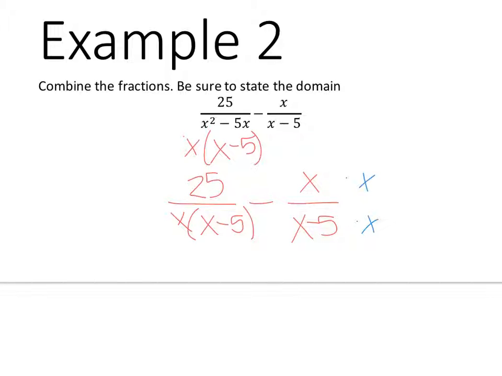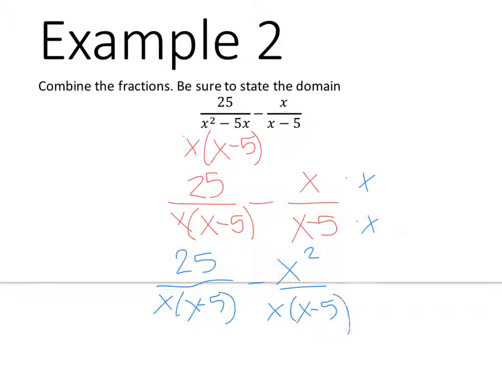So this will leave me with 25 all over x minus 5, and then I'm subtracting x times x, which is x squared. And then on the bottom, I have x and x minus 5. All right, since this is a subtraction problem, I'm going to turn it into an addition.